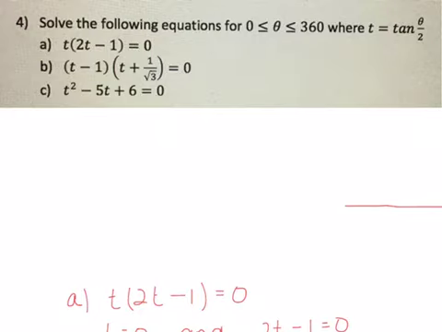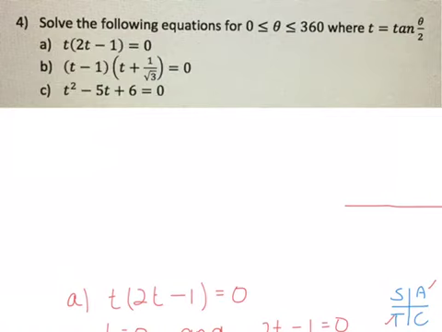So now by making that t substitution, that t is equal to tan of theta on 2, we're actually solving the equations for tan theta on 2 is equal to 0, and also tan theta on 2 is equal to a half. Now since half is a positive value, we are looking for an angle in the first and third quadrants, and also the exact value where the tan function is equal to 0.